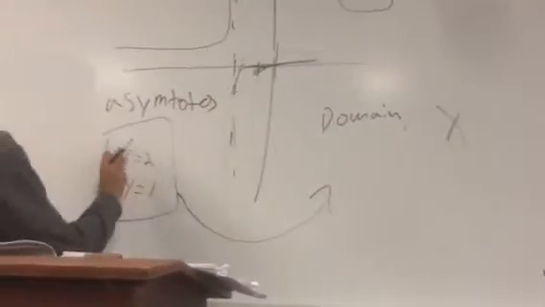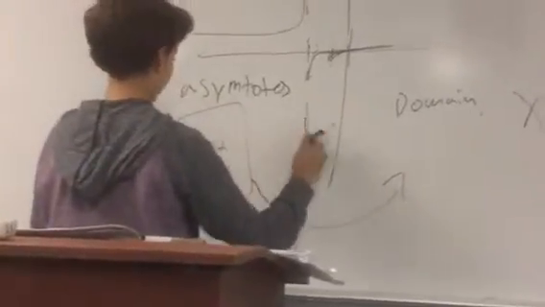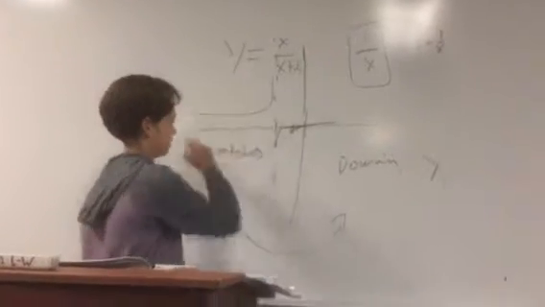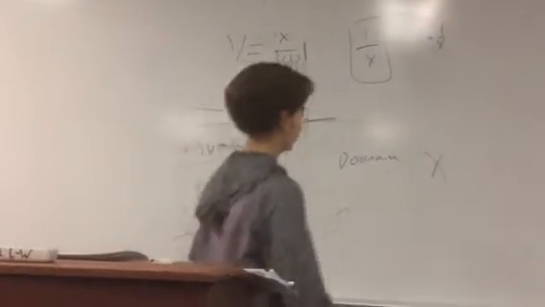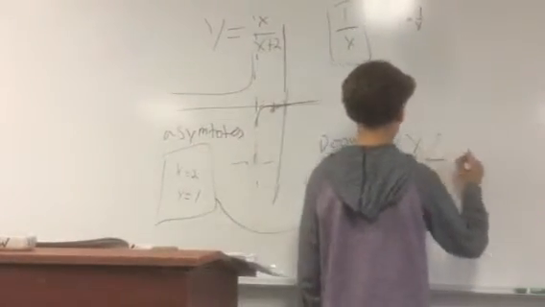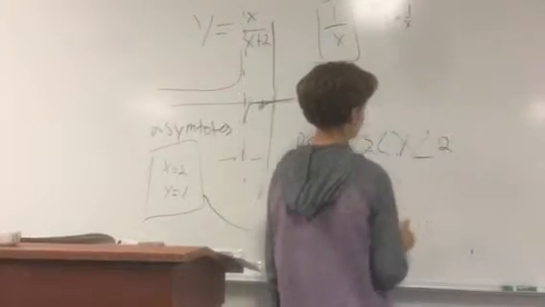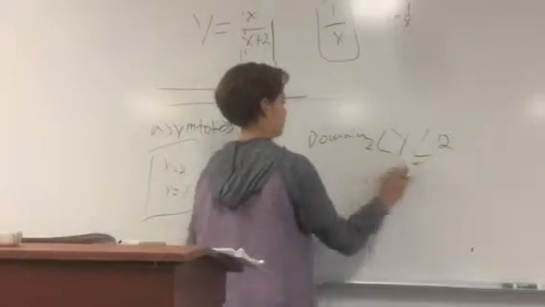We know that x will never equal 2 because then these lines would be intersecting. We know that x has to be less than 2 or greater than 2. But it's never equal. It'll never be equal to 2.